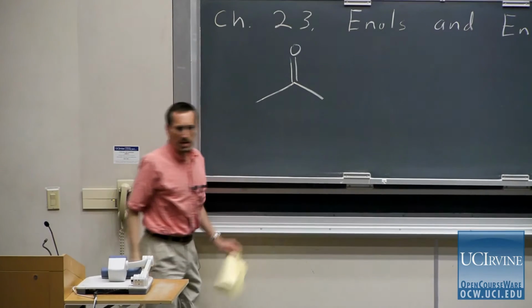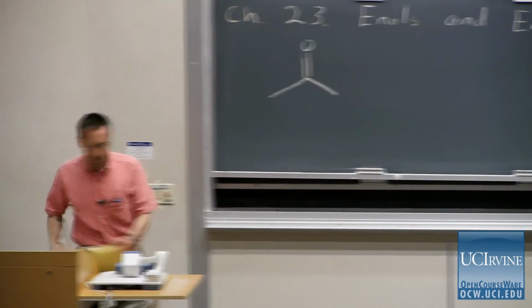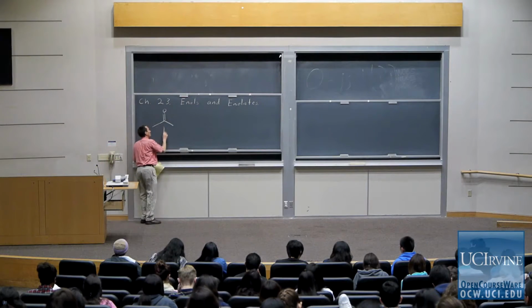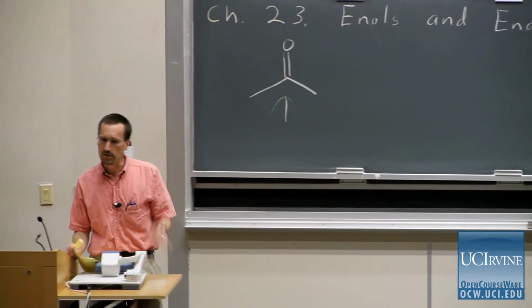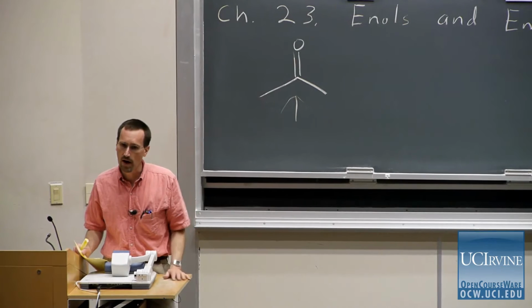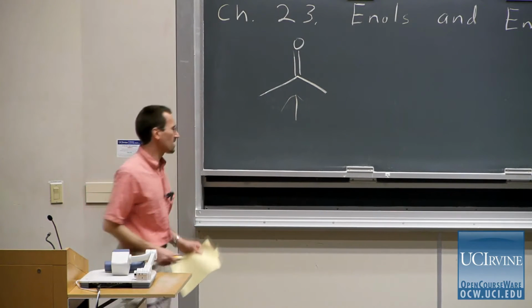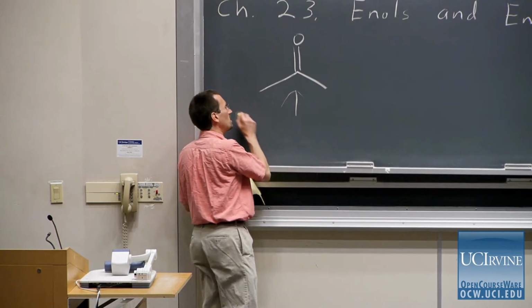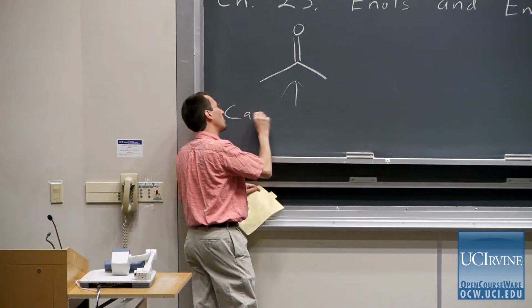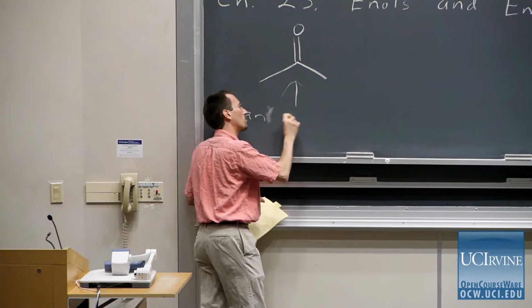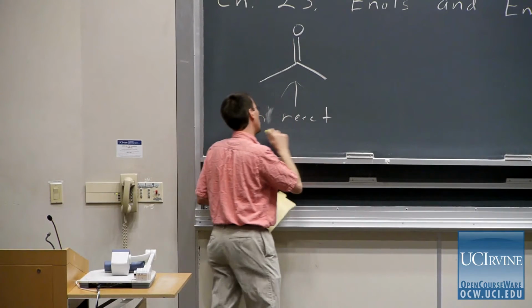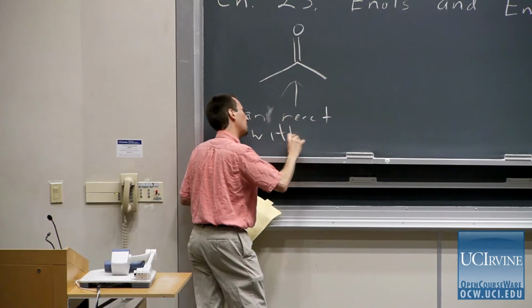So back in our first week, I drew a diagram sort of like this. I said, okay, here's some generic carbonyl compound, not necessarily a ketone or aldehyde. We could mean an ester. And the general gist of it is that the carbonyl compound is electrophilic. It can react with nucleophiles.